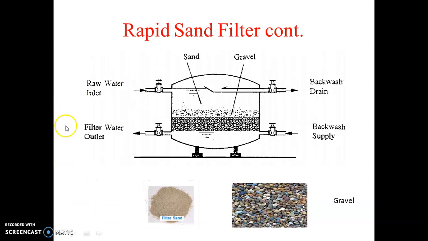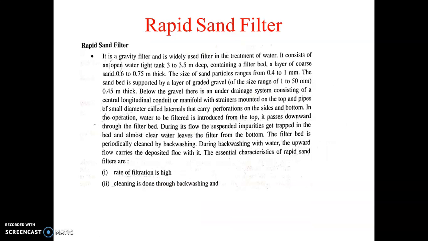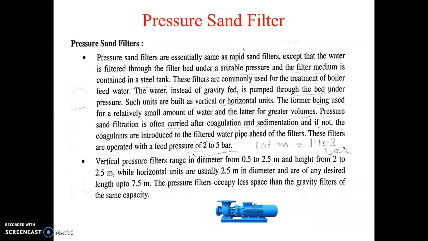Here we may have the tank in a horizontal position, and the pump may be placed here, and from that pump we pressurize the raw water onto this filter medium. This is the only difference between the pressure filter and the sand filter.